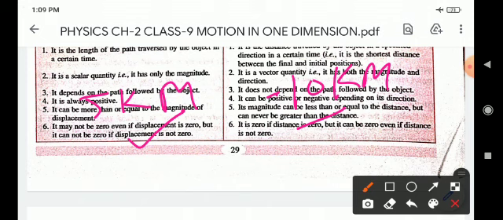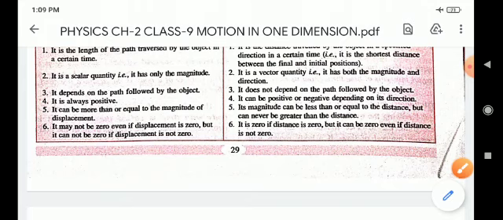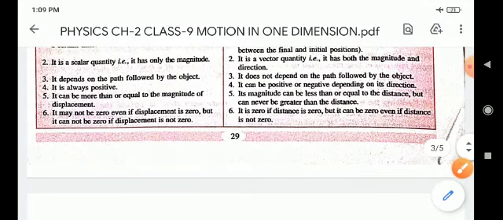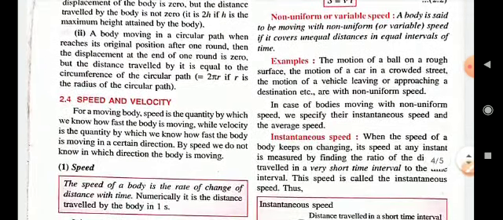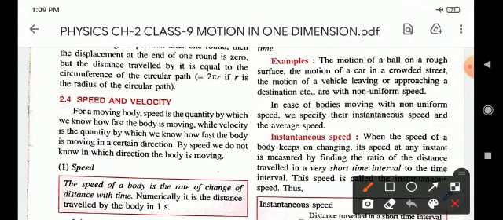Distance may not be 0 even if displacement is 0, but distance cannot be 0 if the displacement is not 0. Displacement is 0 if the distance is 0, but it can be 0 even if the distance is not 0. You have already seen. Children, next, speed and velocity.